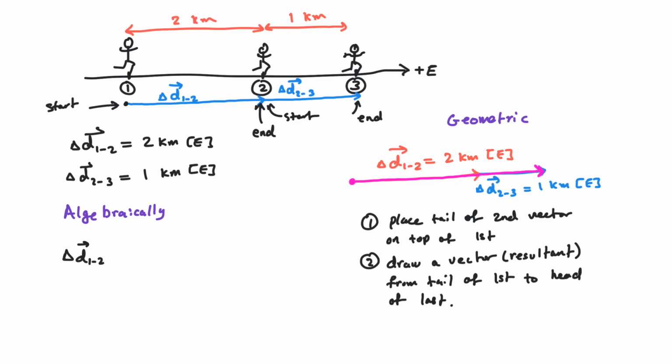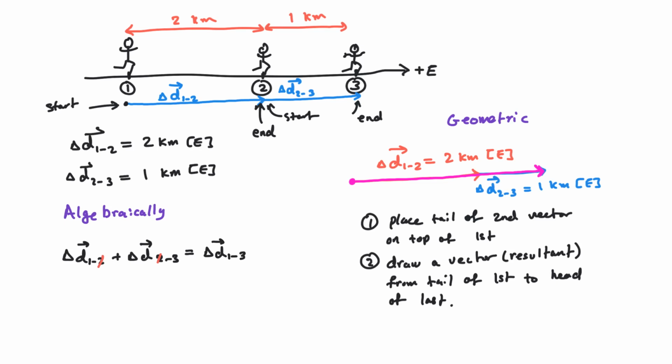But for now, if I were to add these two vectors, you can see what ends up happening, because geometrically we start with position 1, we end at position 2, and then we place the tail of the next one here, and our final position is going to be our third one. So when we add vectors like these, because the 2s are on top of each other, we'll end up getting 1 to 3.